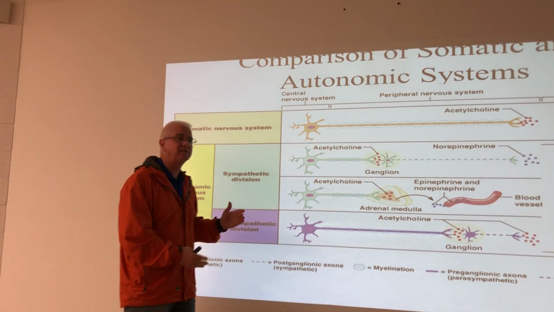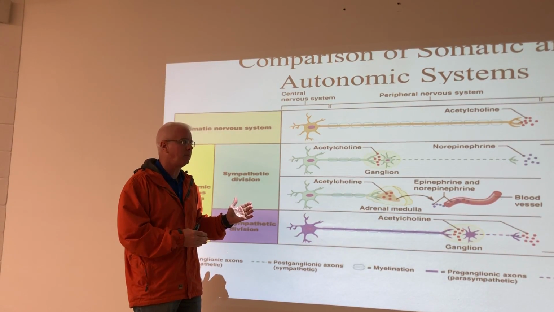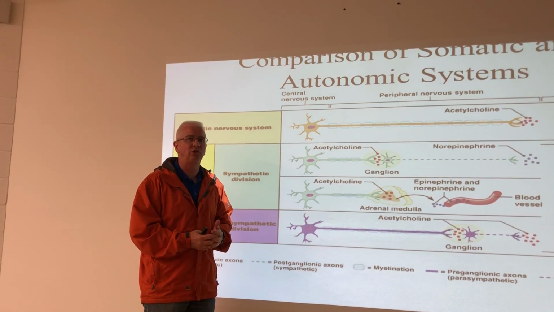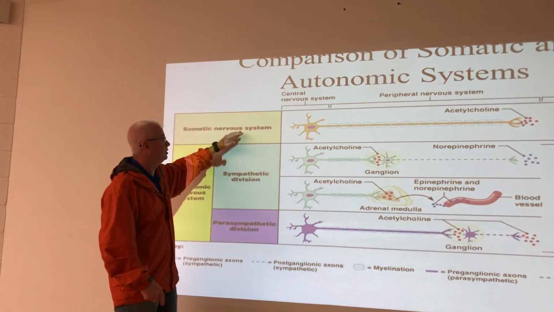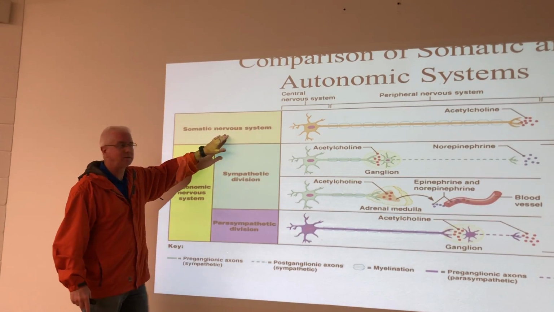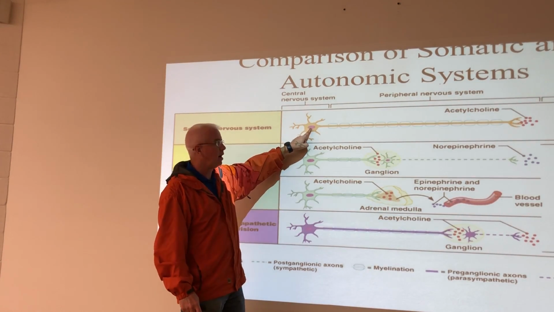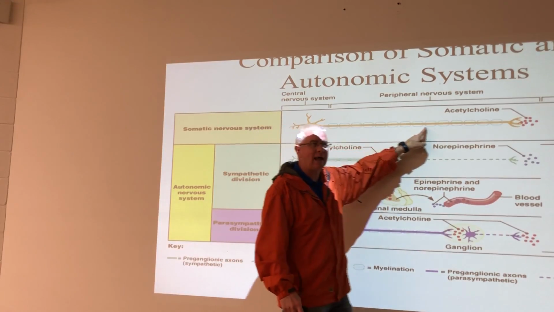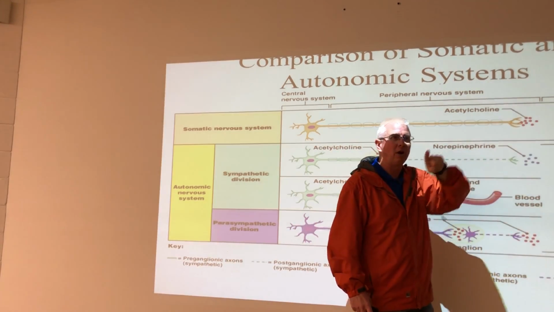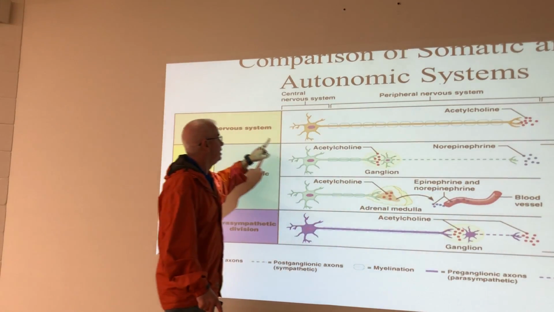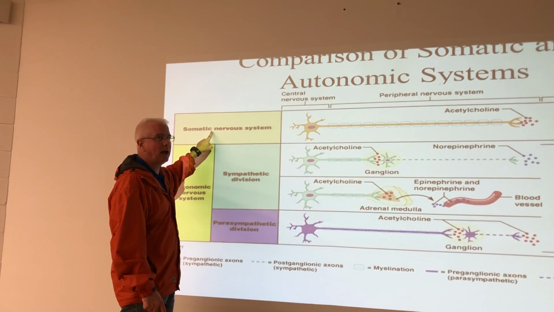All right, so this picture is intended to take what we just learned about the anatomy and put some chemical messengers on it. The first one you know. The top of this picture shows you the somatic nervous system, and here's a cell body. There's a myelinated axon, and that axon is going to skeletal muscle. And so you're going to call this pathway a somatic motor pathway.